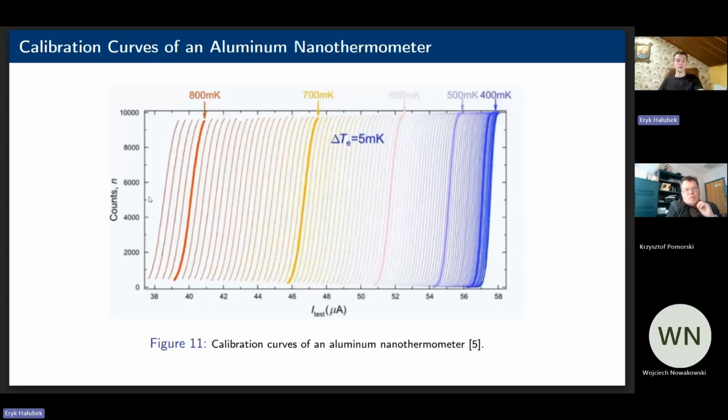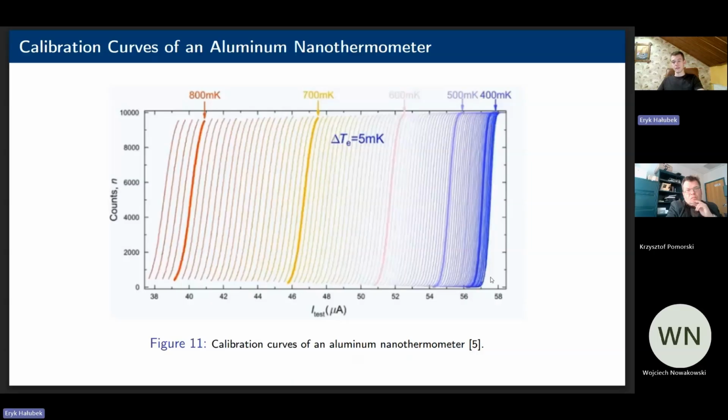When we count around 5,000 switchings for 10,000 pulses sent. But as we drop the temperature to around, let's say, 400 millikelvin, it could go lower because technically this aluminum nanothermometer could be calibrated down to 250 millikelvin, but that's what we have here on this chart.